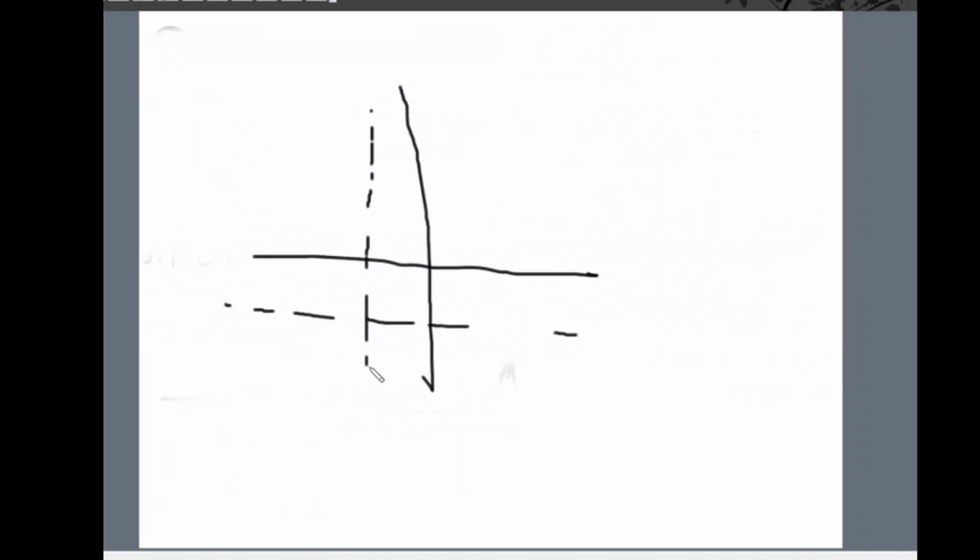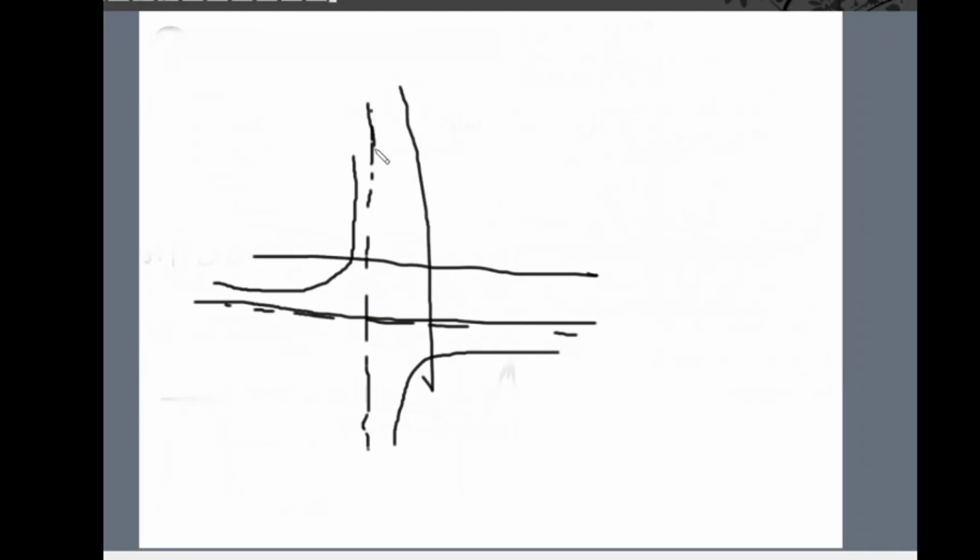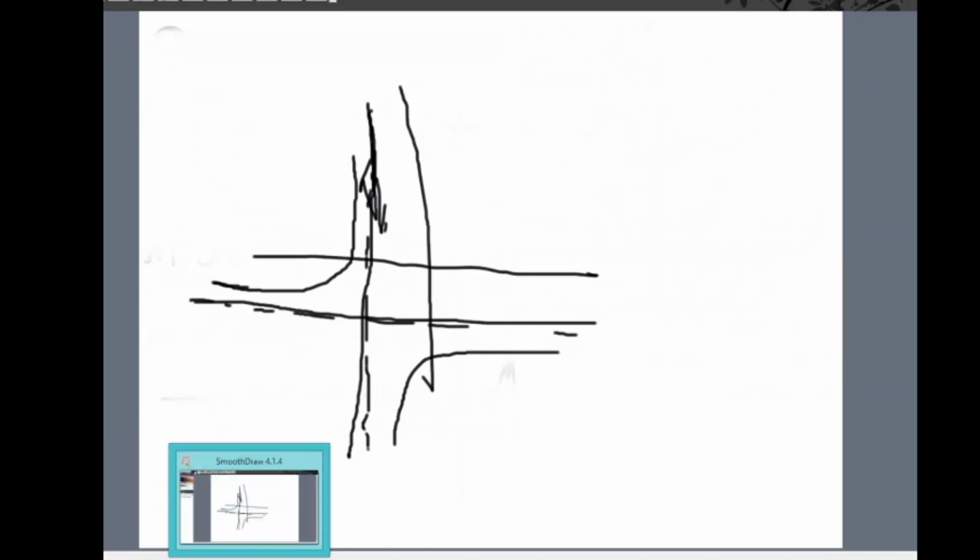So if you have a graph of a hyperbola looking like this, where one piece lies in this quadrant and the other piece lies in this quadrant, you have a horizontal asymptote and a vertical asymptote, right? Why? Because this graph approaches this line but never touches it, and it also approaches this line but never touches it. So that is an asymptote.